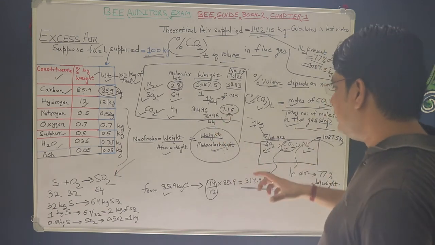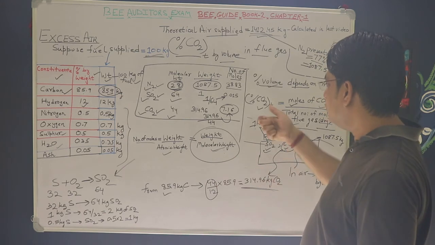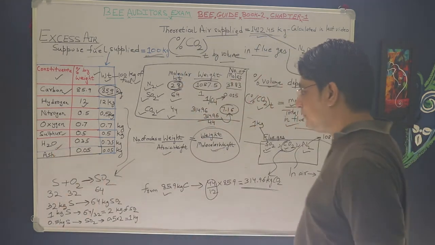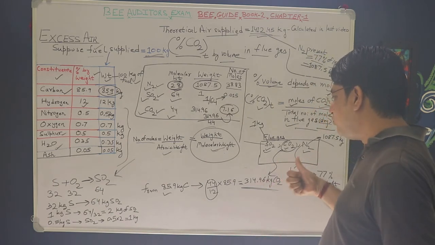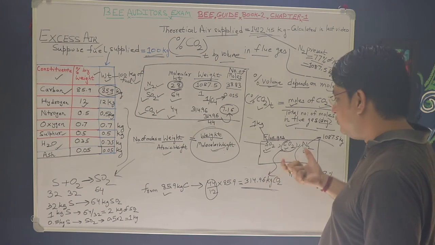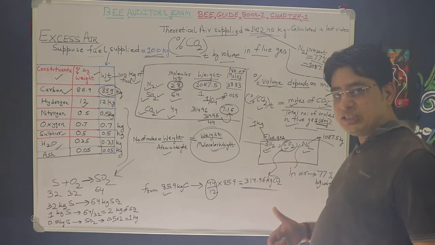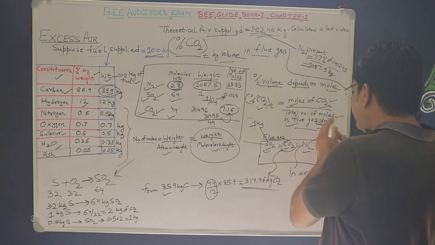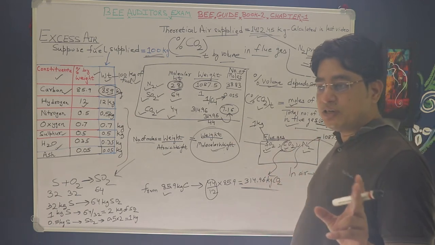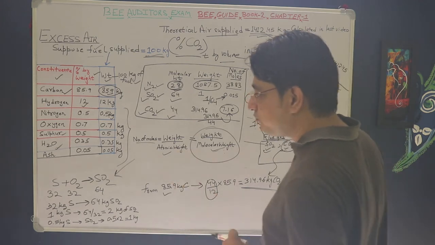Now again, do remember that for calculation of CO2 theoretical, we are not considering the H2O that is present in the flue gas, or basically we are considering only the dry flue gas. So wherever in this chapter you find dry written like this, it is very clear that you are not supposed to consider H2O.